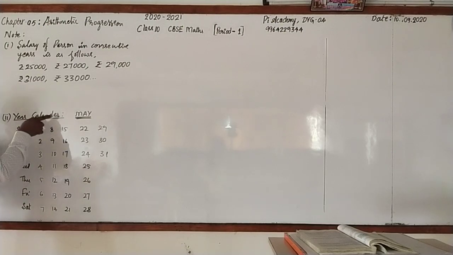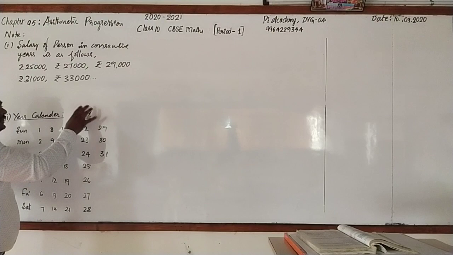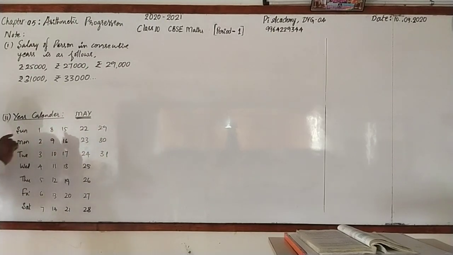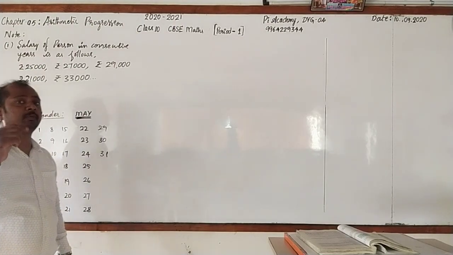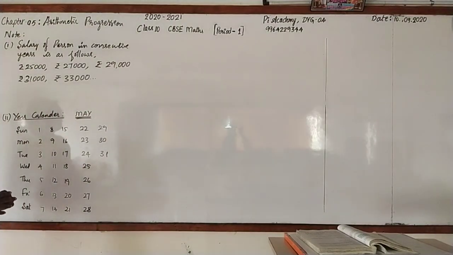Observe this. Here we have taken the calendar of a particular year, and in that the month of May has been taken. You all know that in the month of May there will be 31 days, and these 31 days are distributed to different days: Sunday, Monday, Tuesday, Wednesday, Thursday, Friday, Saturday, and dates are written like this.